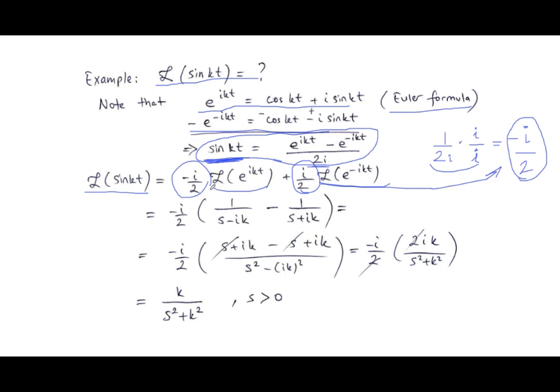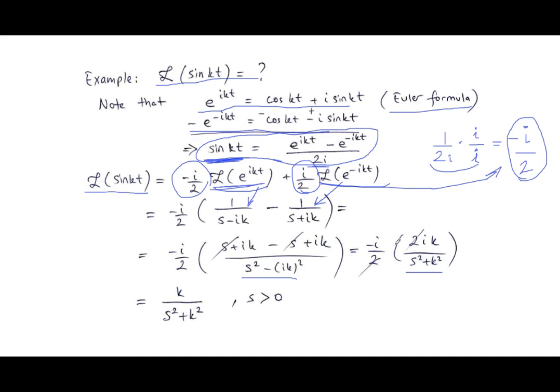And the Laplace transform for the exponential is calculated in our previous examples. So we just use the result and we substitute the Laplace transform for each of these expressions one by one. And then do some algebra a little bit here to just rearrange, and we get s squared minus ik squared, which is equal to s squared plus k squared.